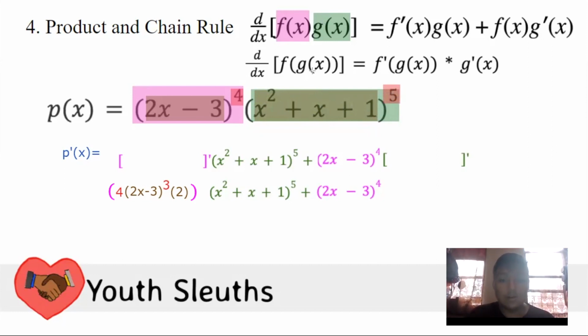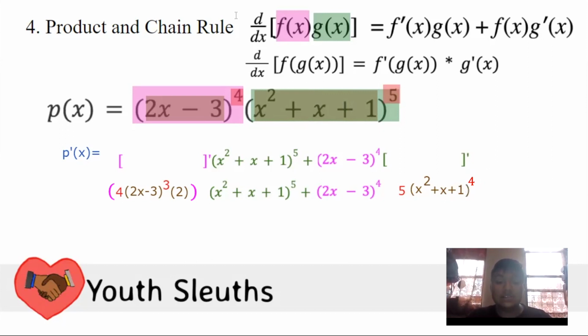So we start off by multiplying 5. And then we know that it's not being altered, so we could just write 5 times x squared plus x plus 1. And then in the exponent, since we're deriving, we have 4, because 5 minus 1 is 4.